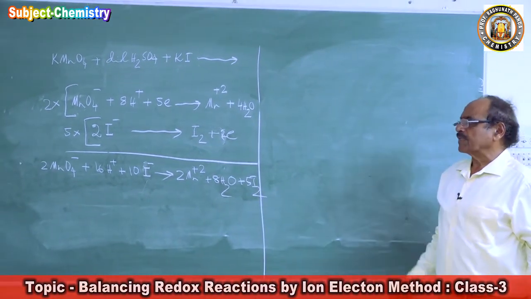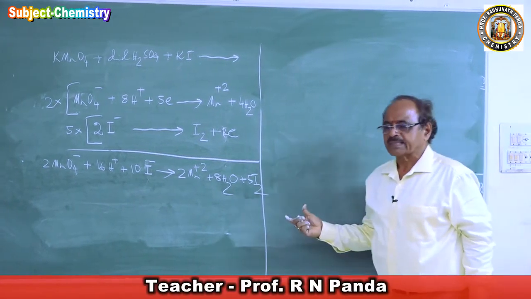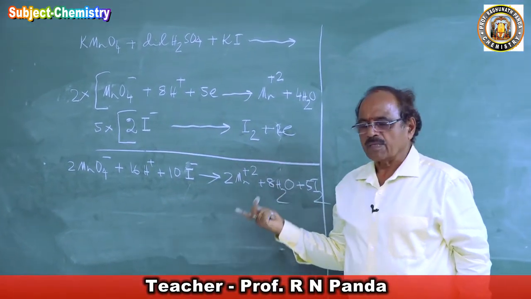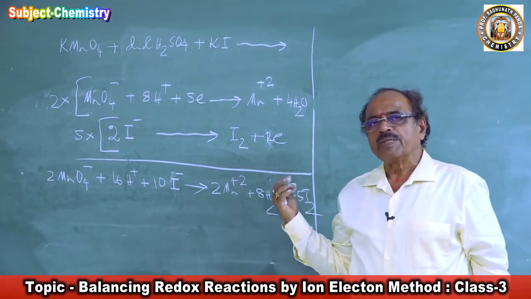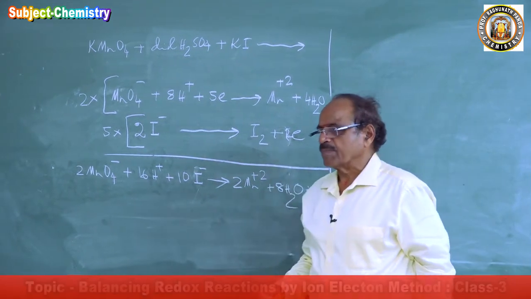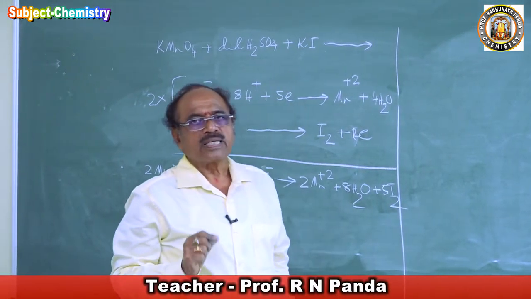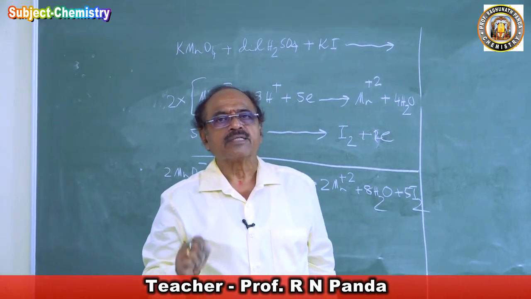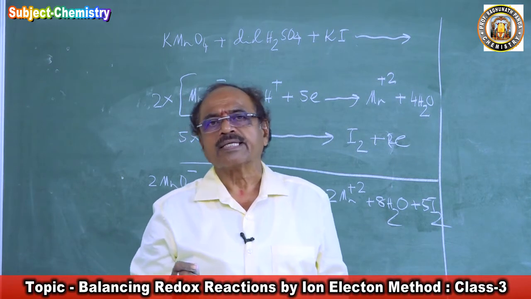We will be using these potassium permanganate reactions very often in many chapters, in many reactions of the sulfur, oxygen and halogen families. When we read them, we will be using these reactions. Once a student is equipped with the concept of balancing chemical equations, he will be very free in inorganic chemistry and organic chemistry.